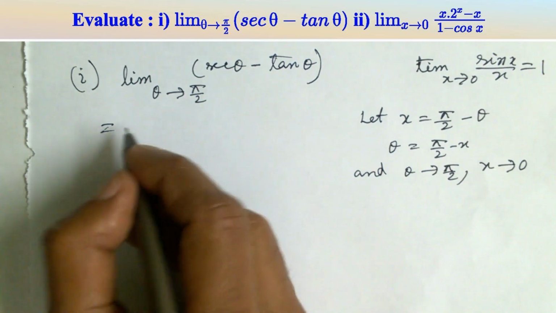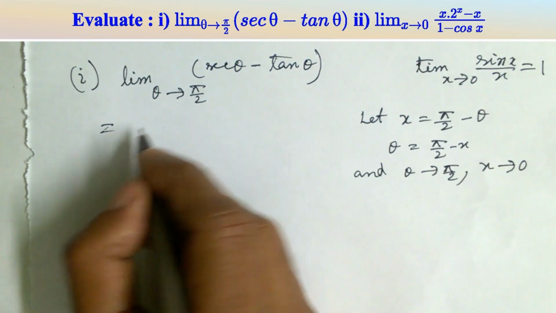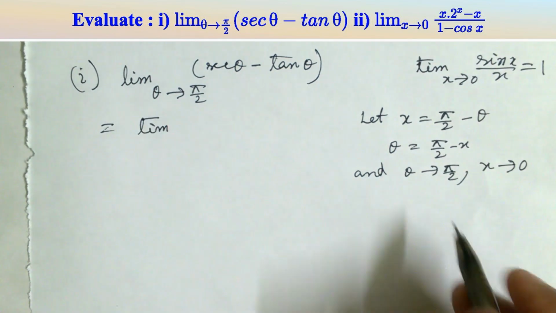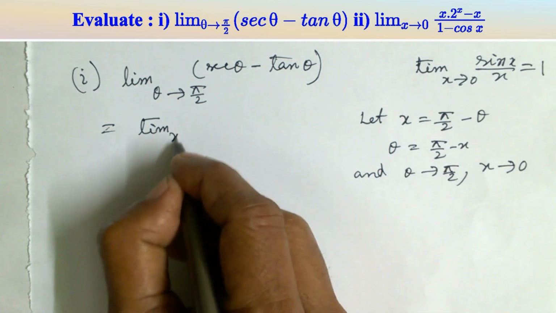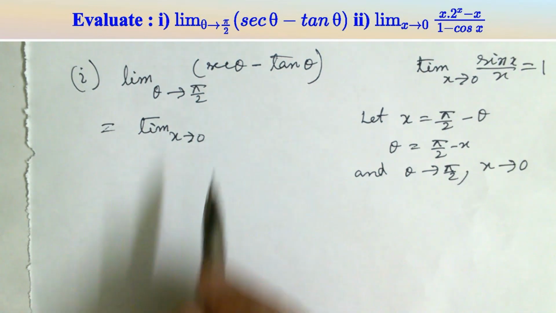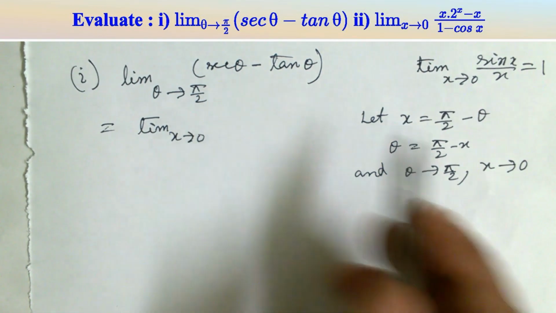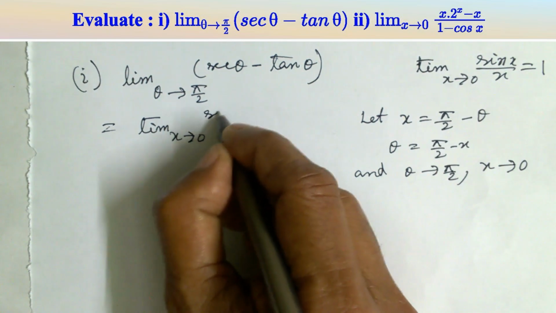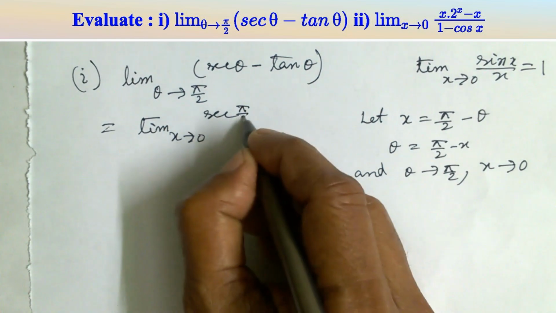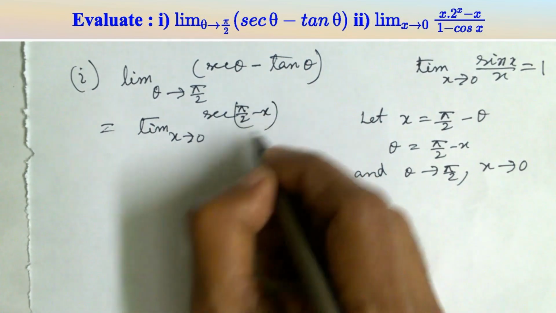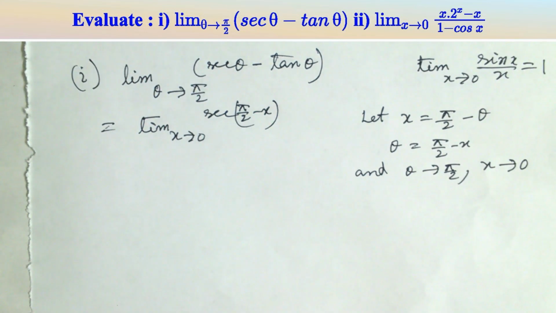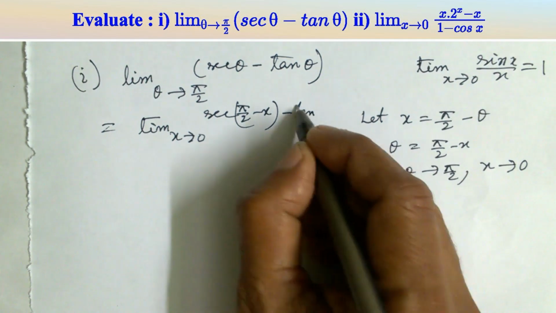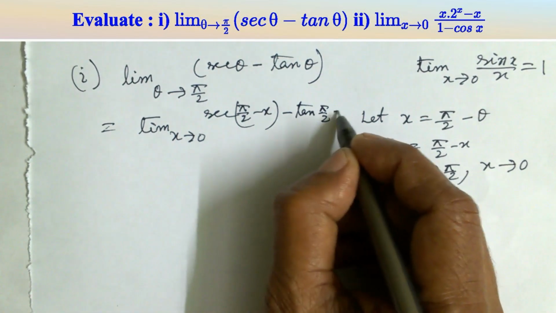So this limit is reduced to limit x tends to 0. In place of sec theta, we will write sec of pi by 2 minus x, and minus tan of pi by 2 minus x.